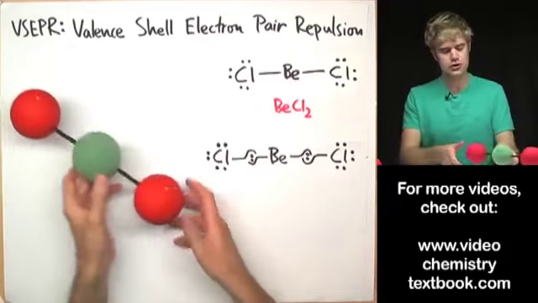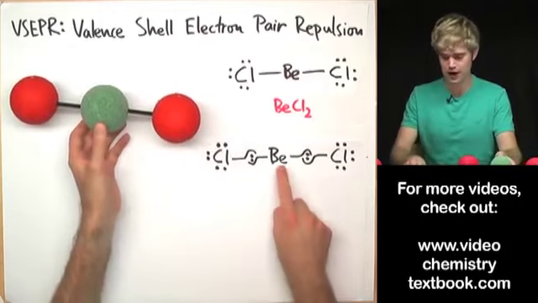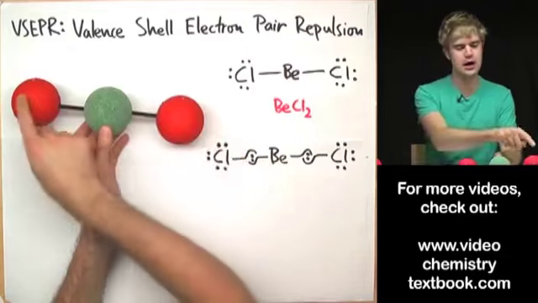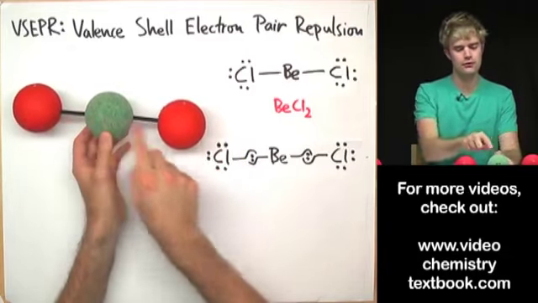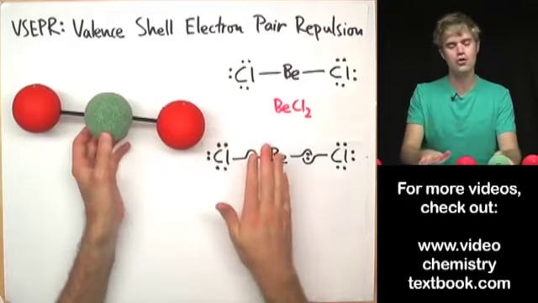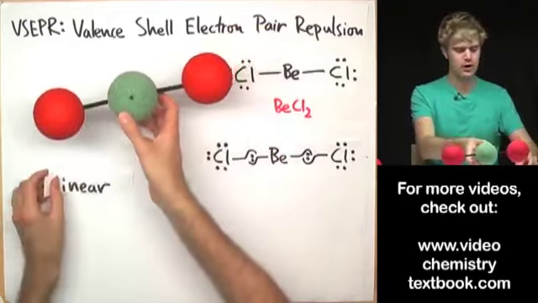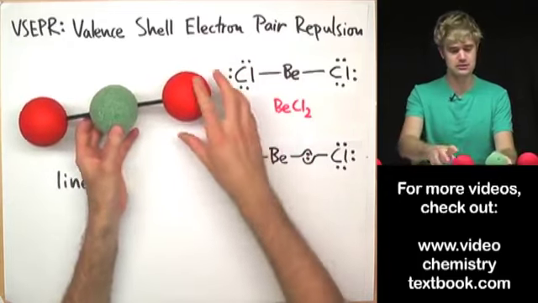The 3-dimensional shape of beryllium dichloride is going to look like this. We've got a beryllium here in the middle, and then we have these 2 chlorines on either side, and all 3 atoms form a line. They're all in a row here, a straight row. We call this a linear molecule, which means line, so that kind of makes sense.